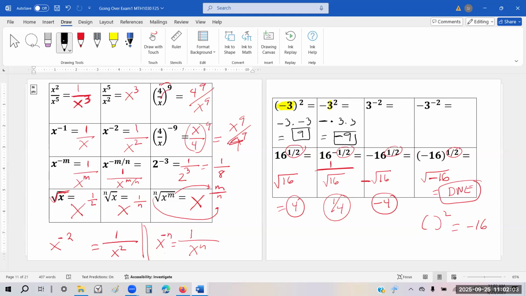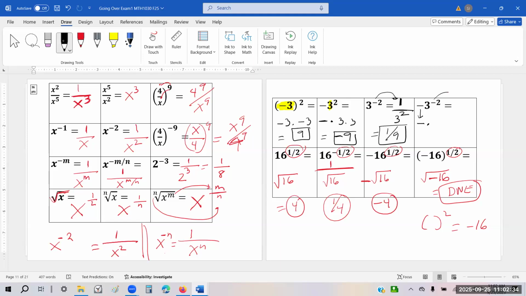And now you have a negative, but it's on the power. Negative power automatically means what? It's a fraction. 1/3 to the +2, so it's 1/9. And the last one, we have a double negative. Each negative has its own concept. This negative is in front, so it's negative times.